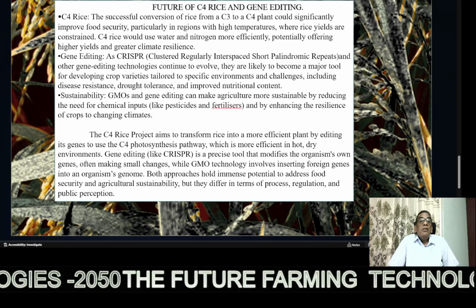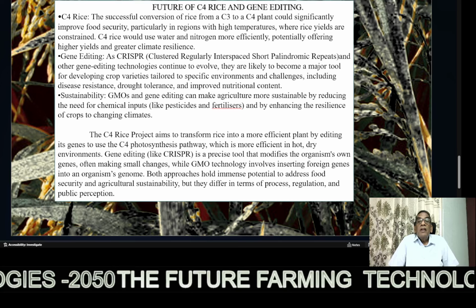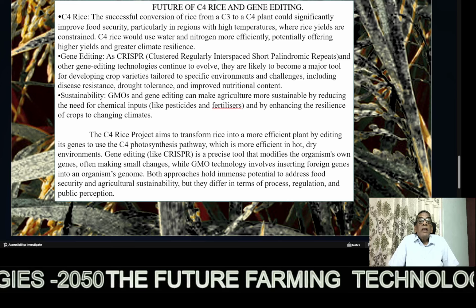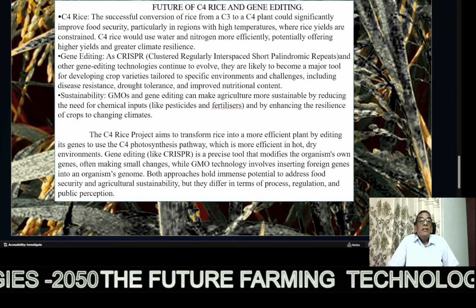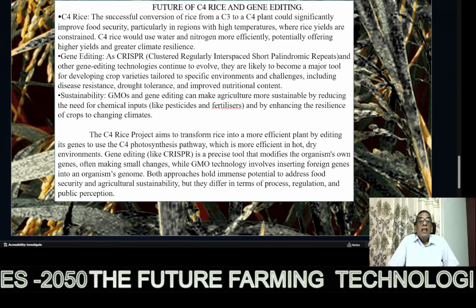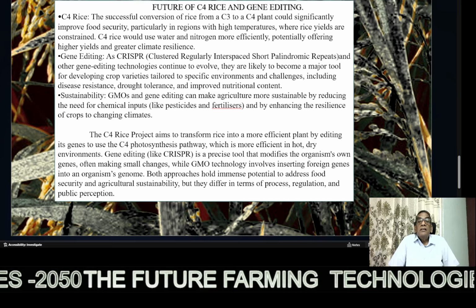They are likely to become a major tool for developing crop varieties tailored to specific environments and challenges, including disease resistance, drought tolerance, and improved nutrition content.